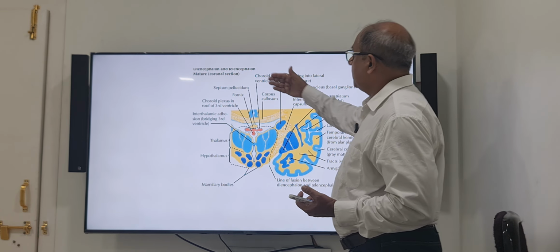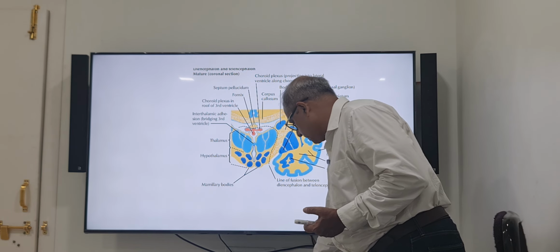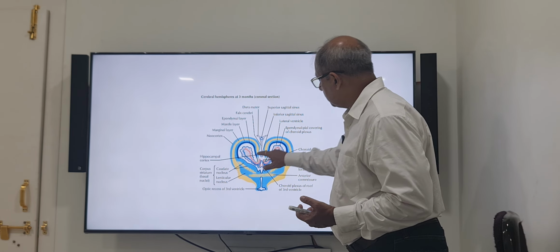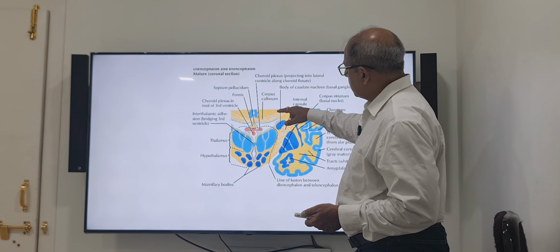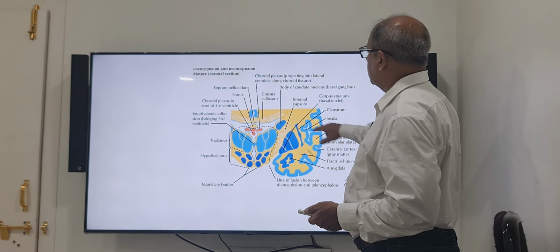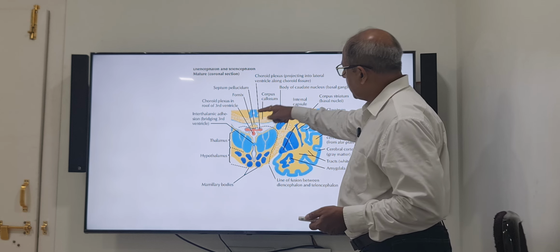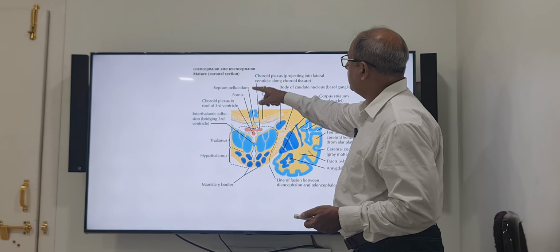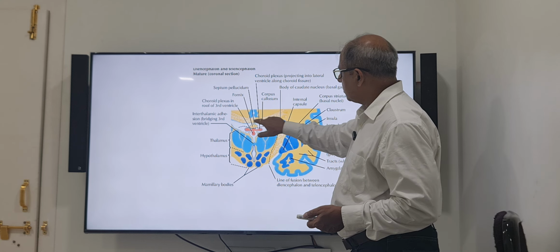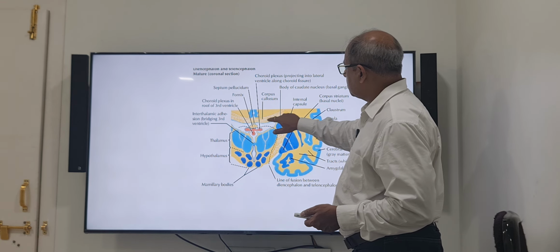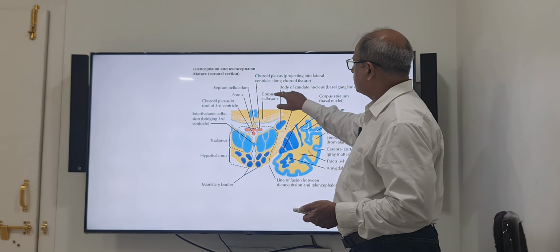If you go more in detail at this place, I want to make it more clear: these are all telencephalic areas, and this is the falx which is coming in between. When the falx is coming and there is a connection of both the telencephalic areas, this part is called corpus callosum.